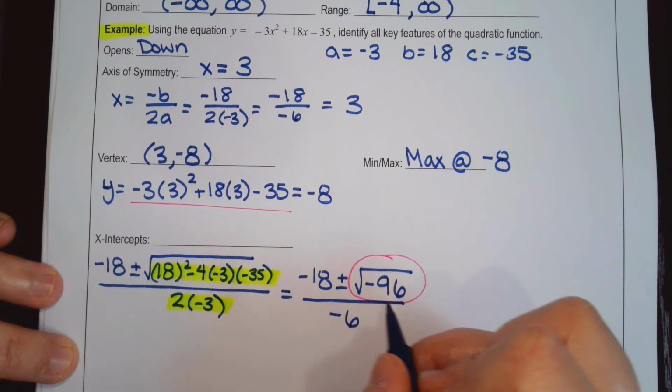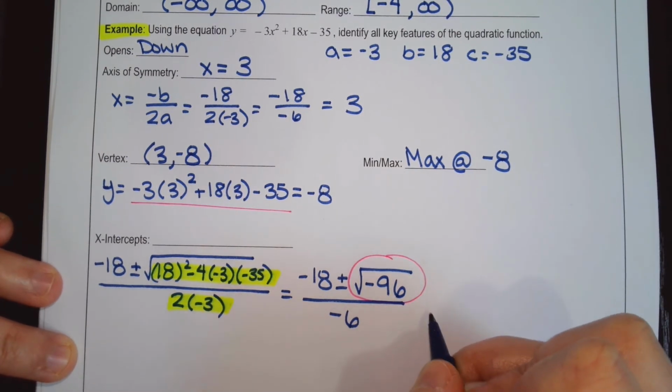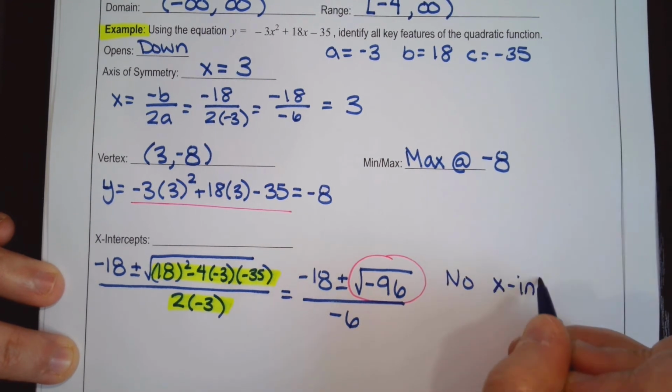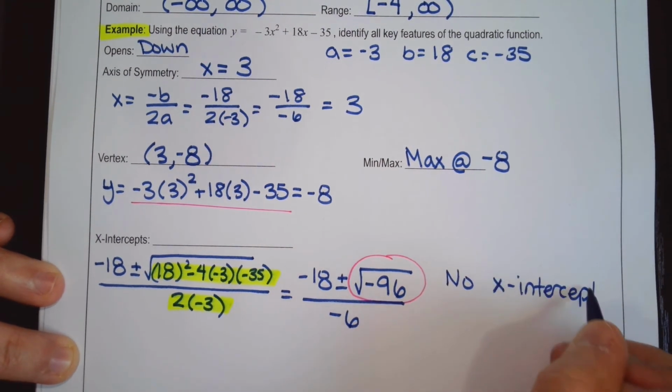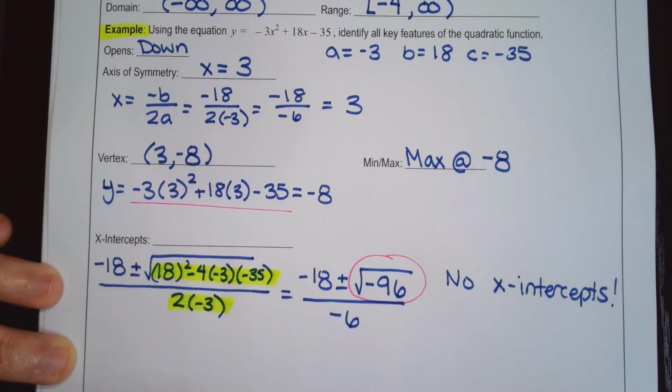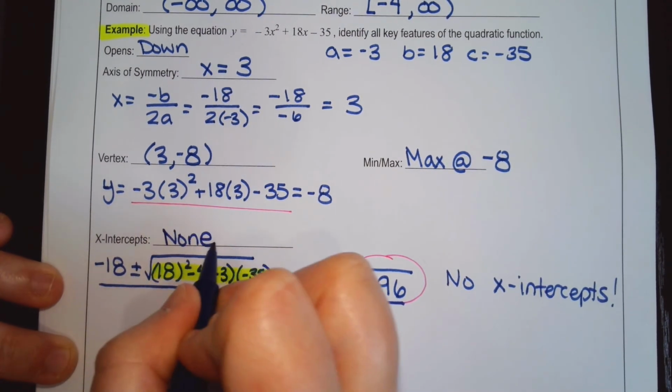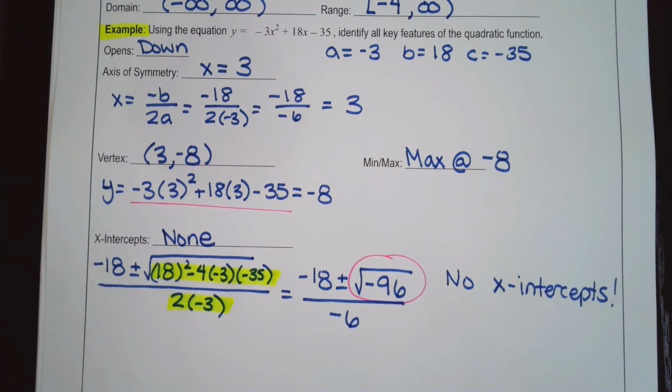So instead, if you have a negative underneath the square root, there are no x-intercepts. So what you can put is none, or no x-intercepts, or no roots, something like that. But when there's a negative underneath, there are no x-intercepts for the graph.